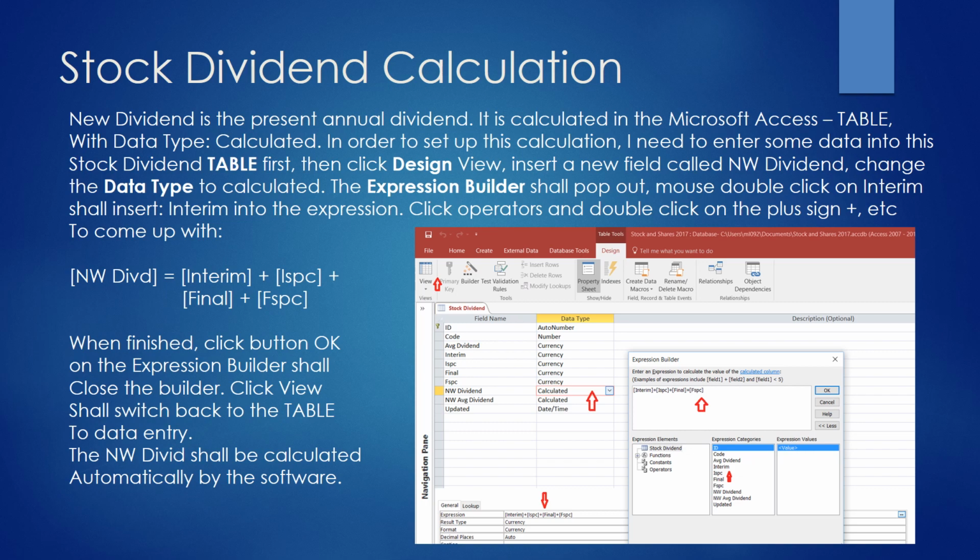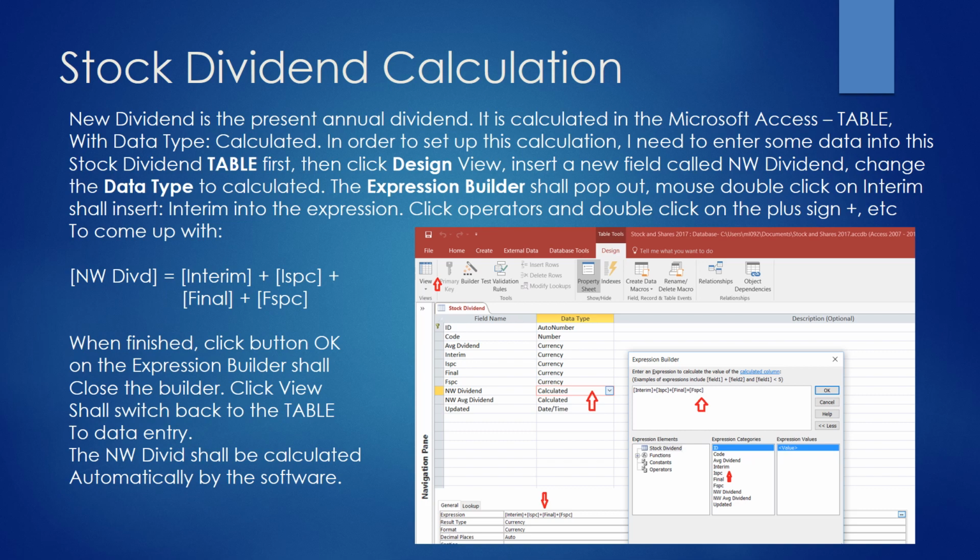The expression builder shall pop out. Mouse click on the interim to insert interim into the expression. Click Operators and double-click on the plus sign, etc., to come up with NW dividend equals interim plus ISPC plus final plus FSPC.